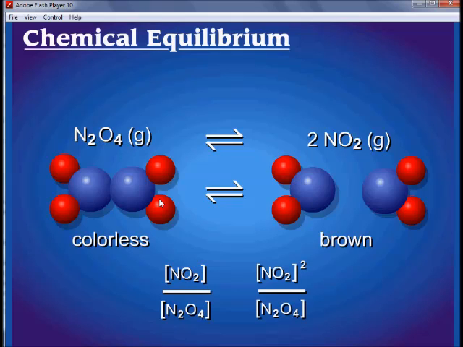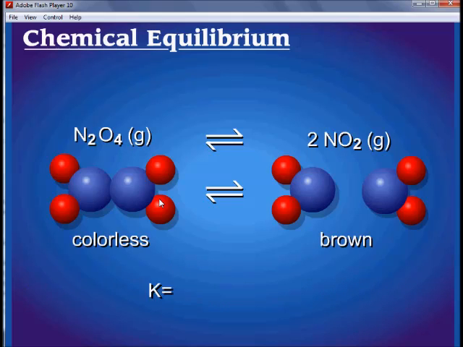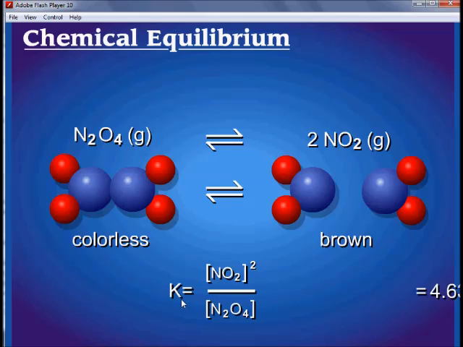So looking at our equilibrium expression, we have the ratio of our products, which in this case is the NO2. Again, remember the brackets mean concentration, and divided by the N2O4. So if we were to write an equilibrium expression for this, our KEQ, and there should be either an EQ or a C down here, would be the NO2 squared, and notice again that this 2 up here comes from the coefficient.